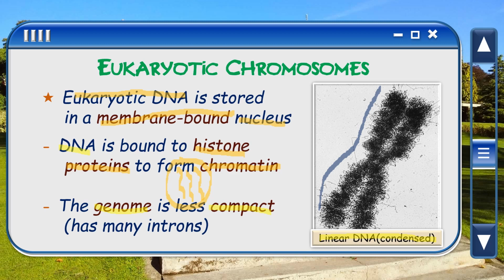Introns are some of the chromosome parts which are not bound on the histone. There are chromosome parts which are not bound on the histone, and those are the ones that we are referring to as the introns. So they have many introns. Therefore, the genome now appears as if it is less compact.